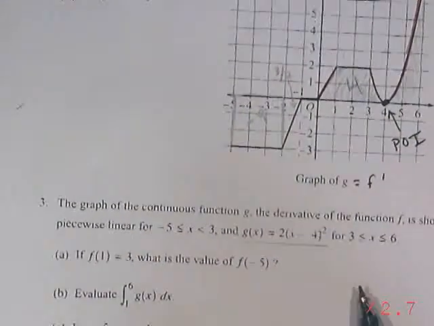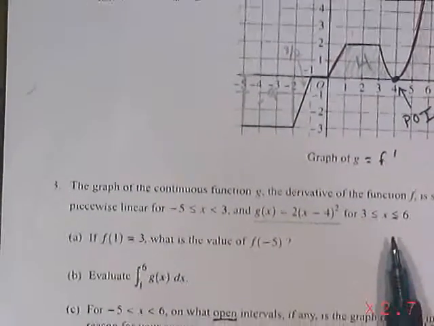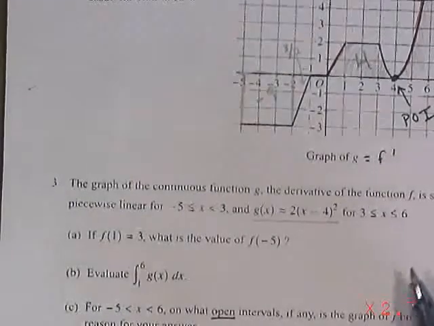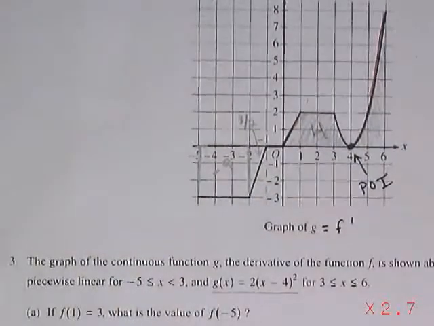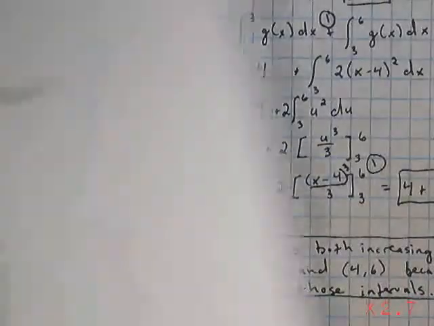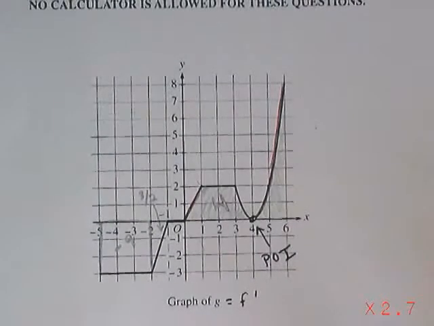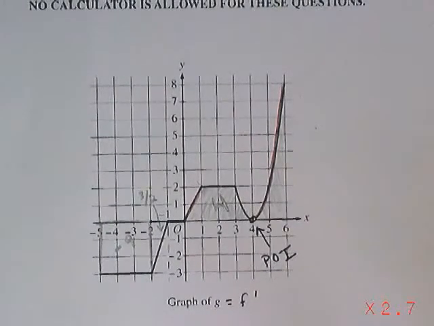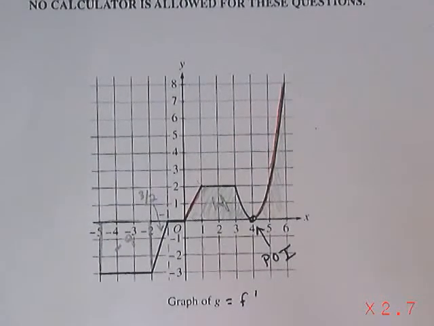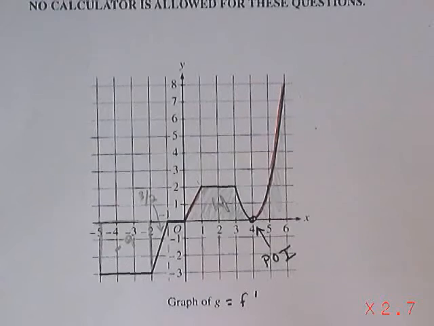And they just want the x-coordinate because, of course, we don't know what the y-coordinate is since we don't have f. And again, our justification needs to only reference the derivative because that's what we have in front of us. Okay, we can't pull in, oh, well, the second derivative changes or whatever, it has to reference the first derivative.